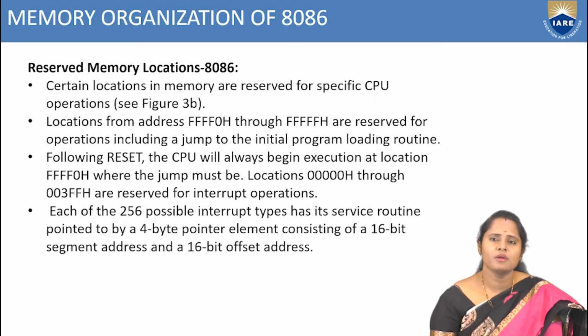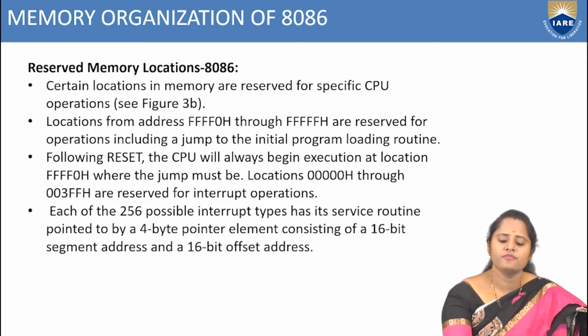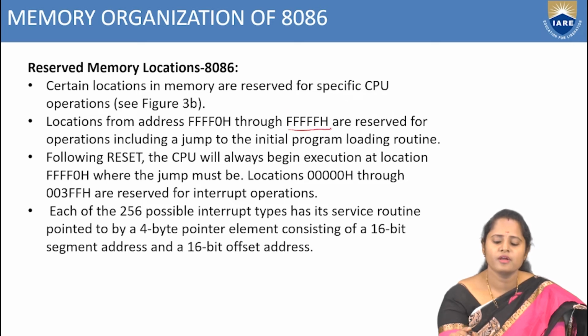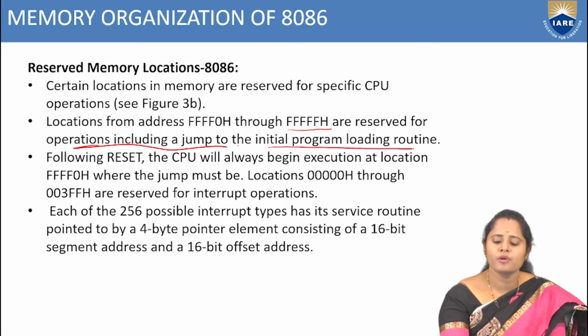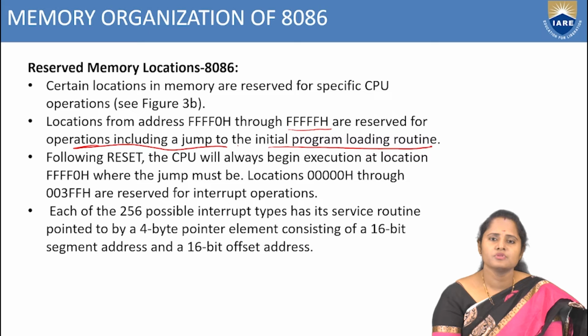These reserved memory locations from FFFF0H through FFFFFH are reserved for operations including a jump to the initial program loading routine. These memory locations are specified for the branching instructions.